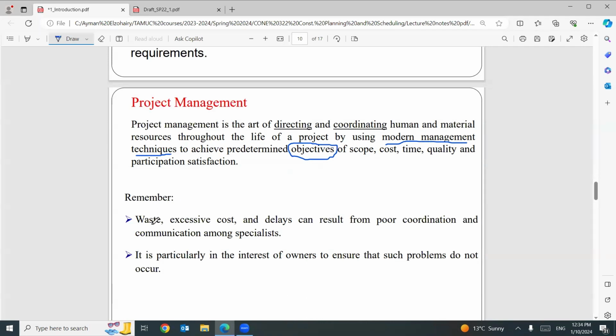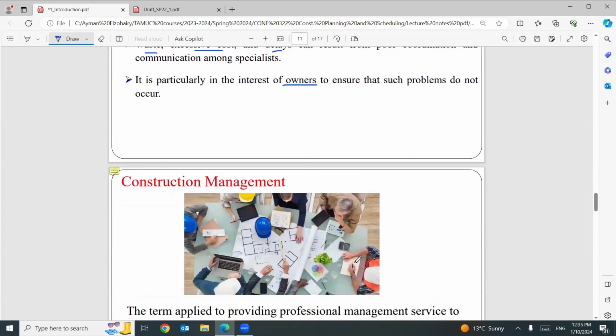Remember, waste, excessive cost, and delays in any project can result from poor coordination and communication among specialists. It is in the particular interest of any project owners to ensure that such problems do not occur. That makes sense?